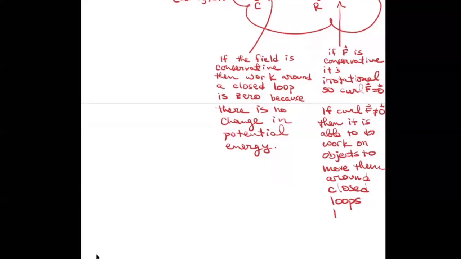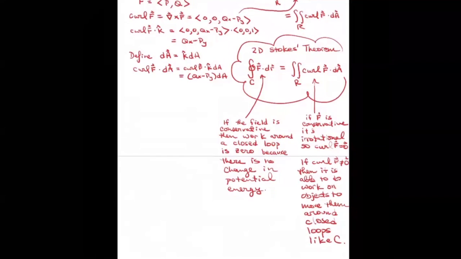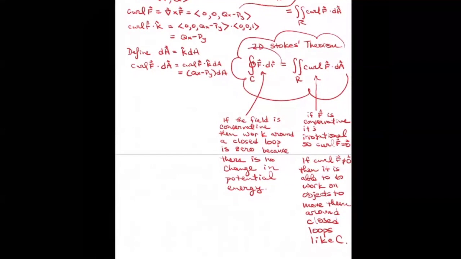Like curve C. I guess I should use easy C. Okay, so we've got this closed loop. We're trying to see if the field can move us around that loop.